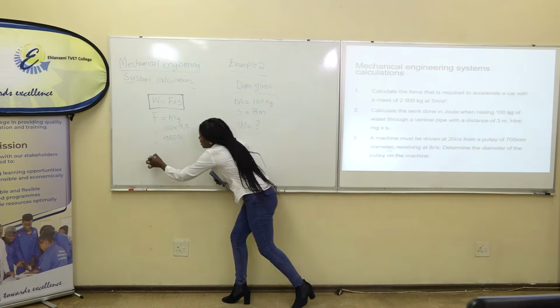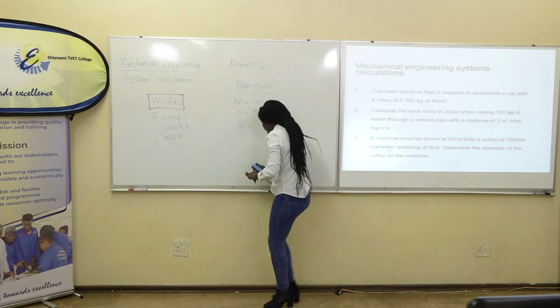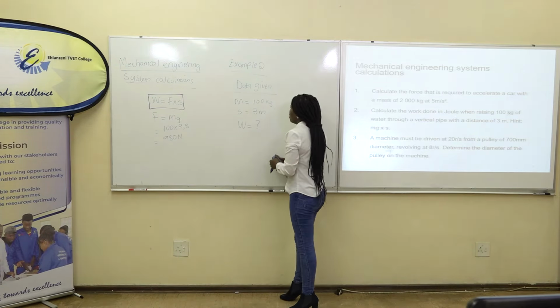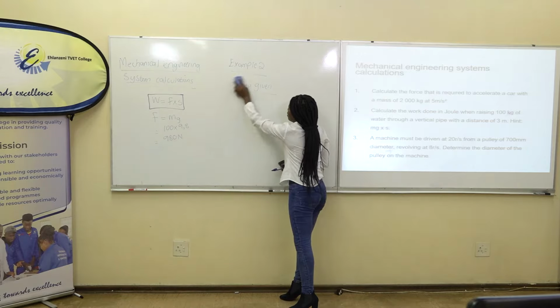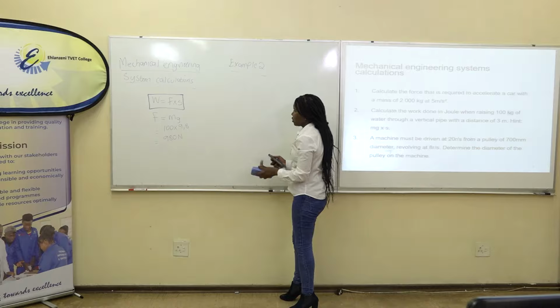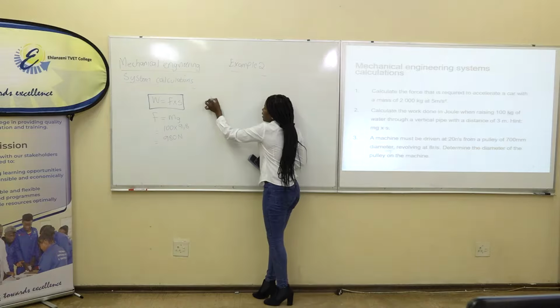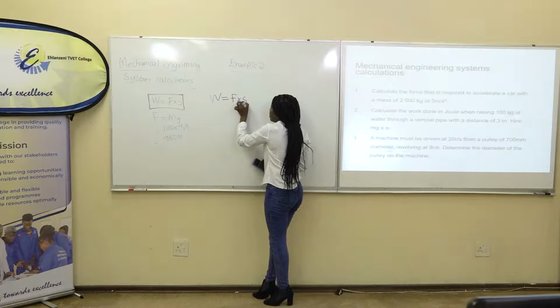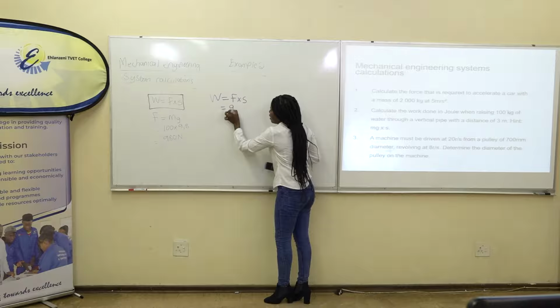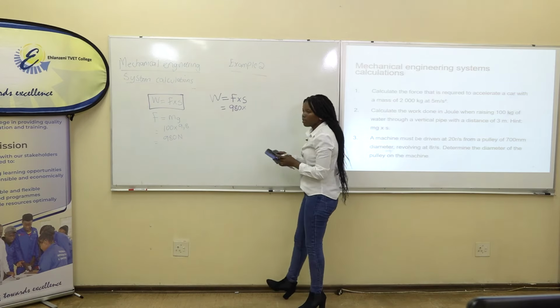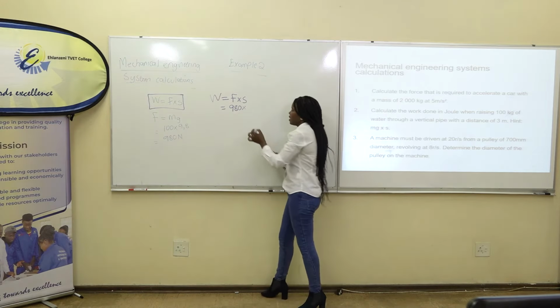So now you can simply say W equals F times distance, which is 980, the force, and the distance, which we are given as 3.